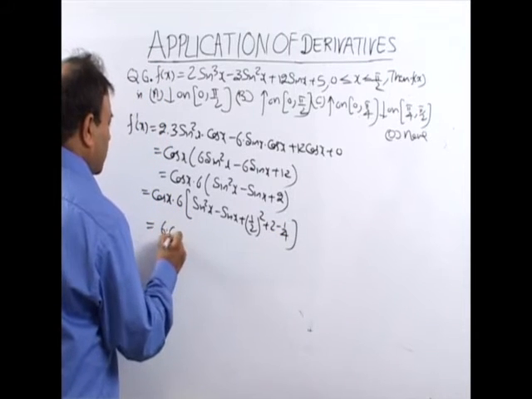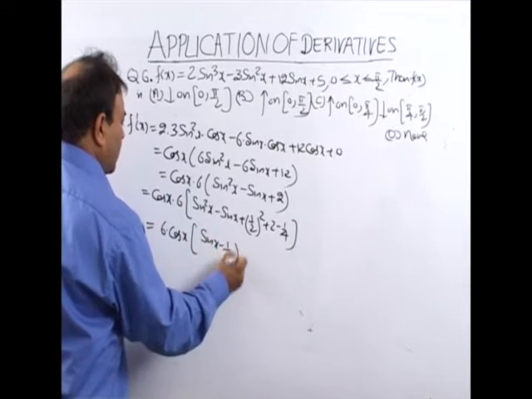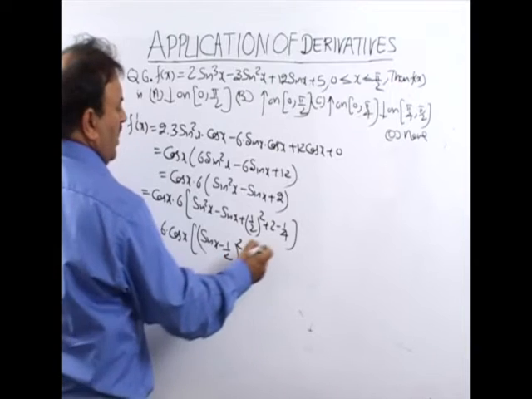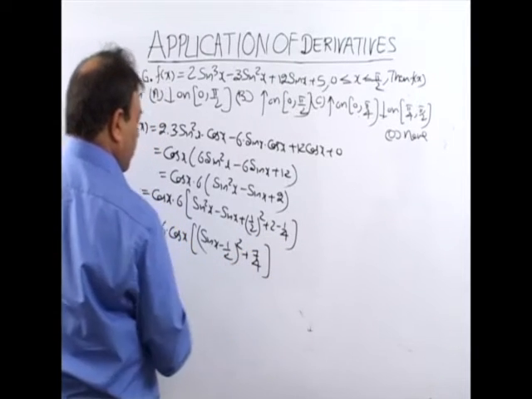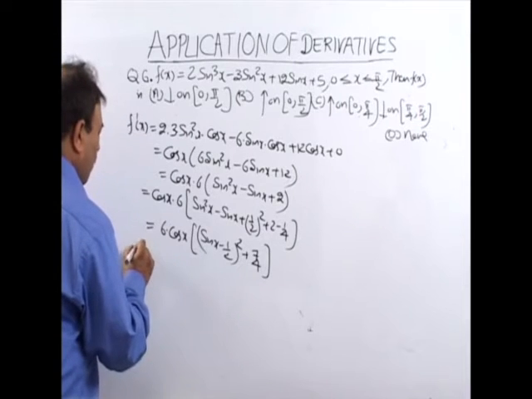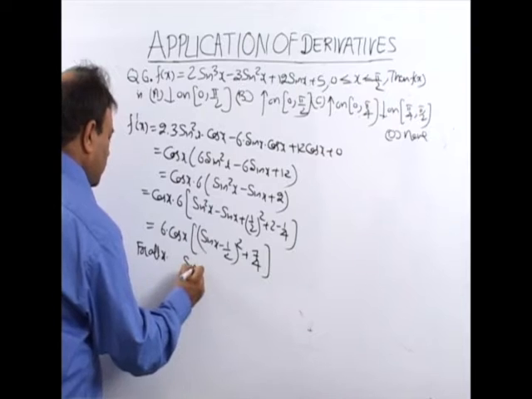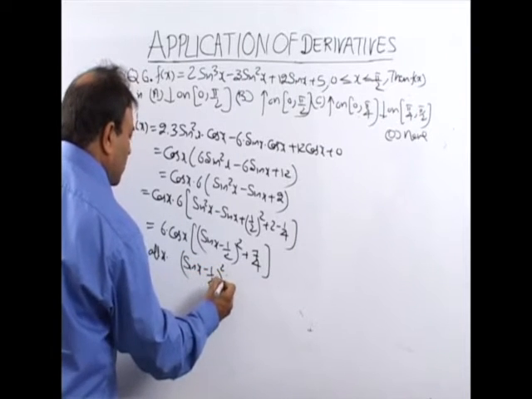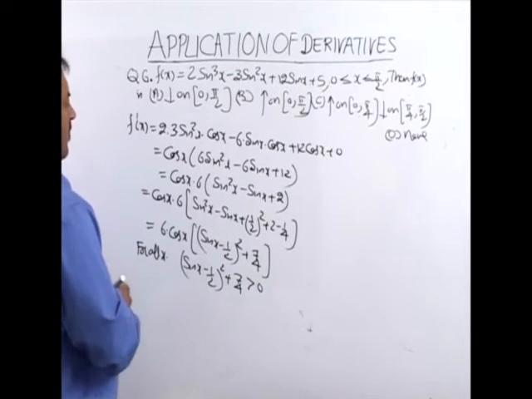This is equal to 6 into cos x into sin x minus 1 by 2, the whole square, plus 7 by 4. I will say for all x, sin x minus 1 by 2 the whole square plus 7 by 4 is always greater than 0.